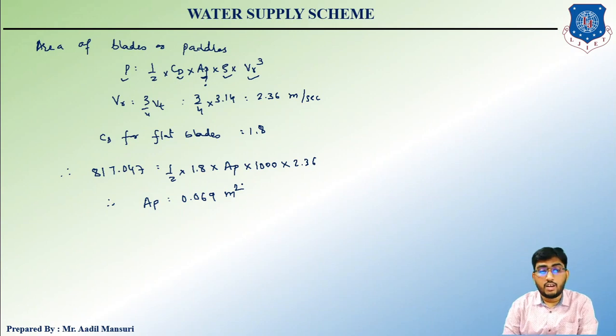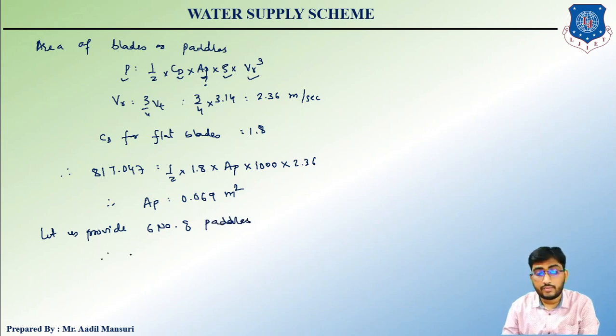So area of paddles will be 0.069 meter square total. Okay, now you can provide any number of paddles or blades, right? I am providing 6, so let us provide 6 paddles, right?